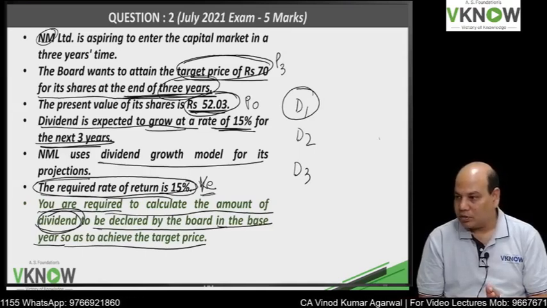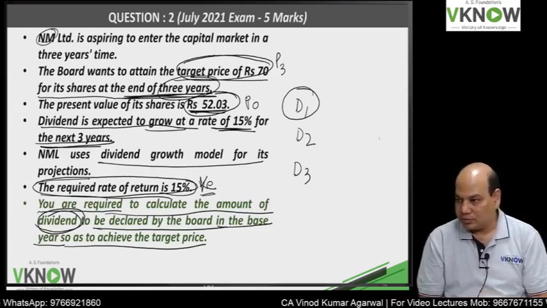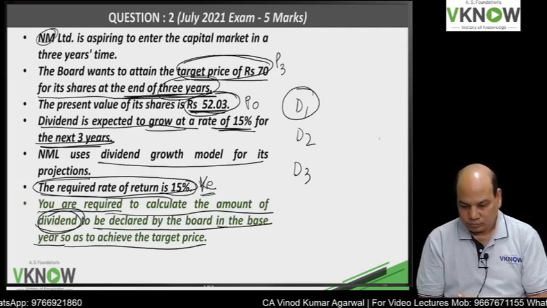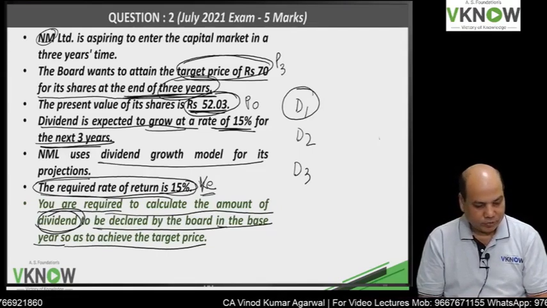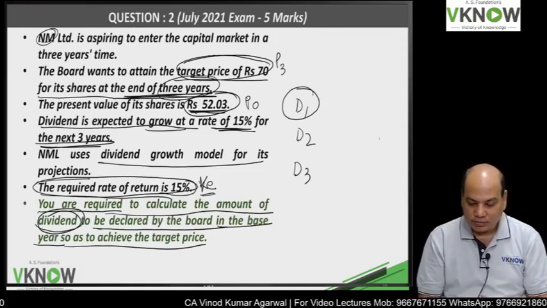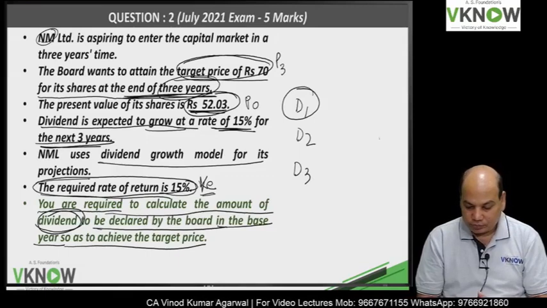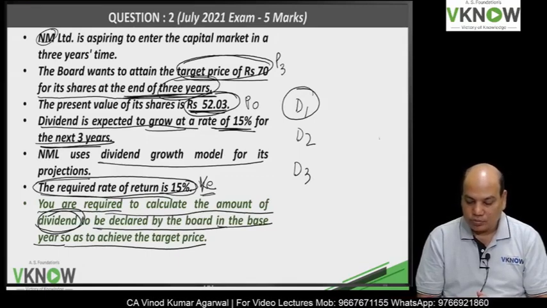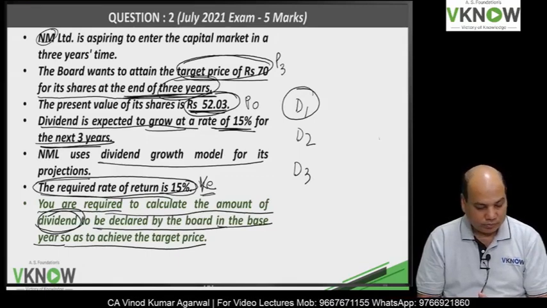Again you have to solve an equation. Is it right? Students are requested to answer. What will be the dividend to be declared by the board in the base year to achieve the target price?